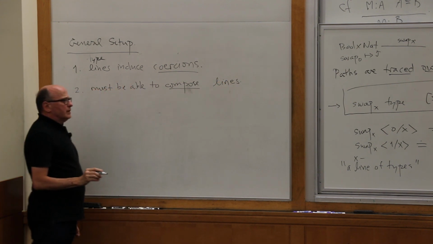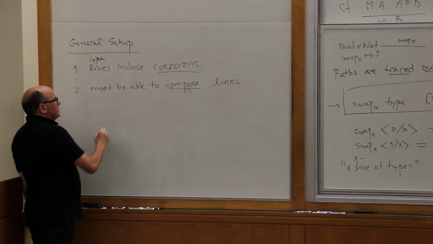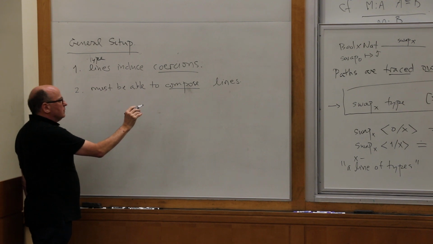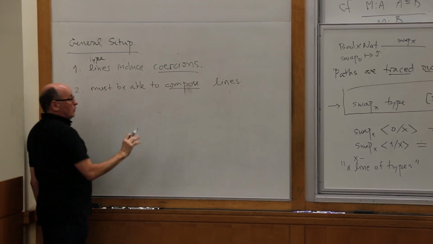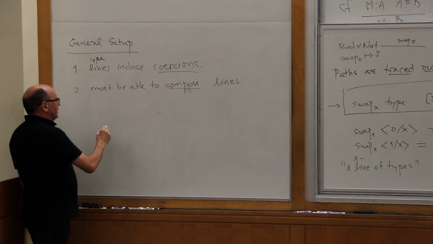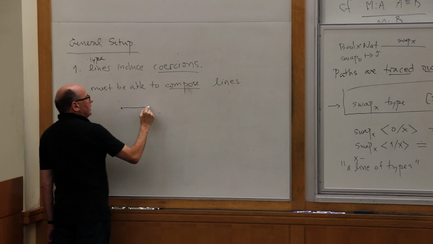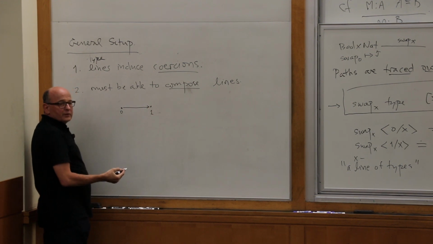And here's the kind of thing I mean. So what do I mean by composing lines? We've mentioned a little bit what coercion must be. So we want to say something about what it means to compose lines. It must be the case that if I have a line, because there's an orientation, there's an idea of 0 to 1, we can think of it as going this way.